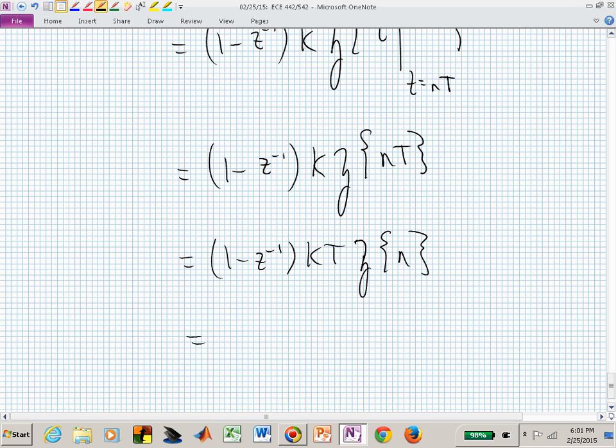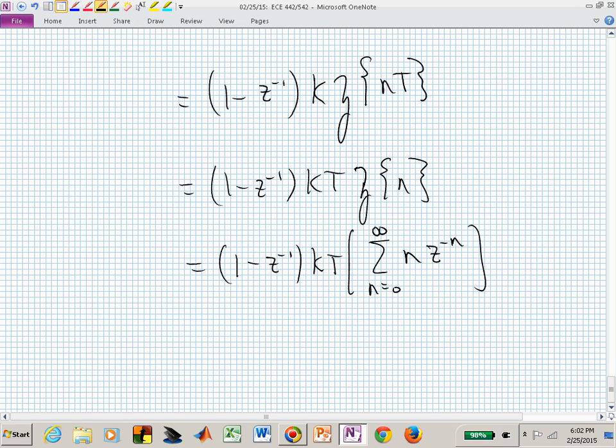Now I can apply the definition of the z transform, which is take the function and scale each of those n time values with z to the minus n and sum from n equals 0 to infinity, and I just derived what that equals.